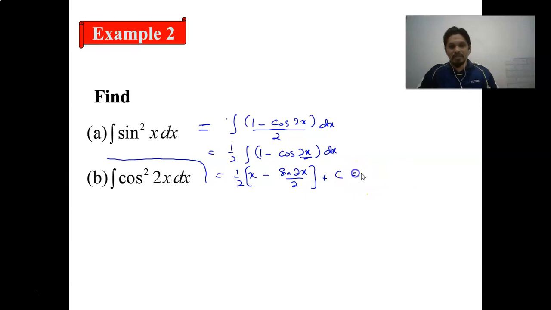If I expand this, it comes up with 1 over 2 x minus sine 2x divided by 4 plus c.